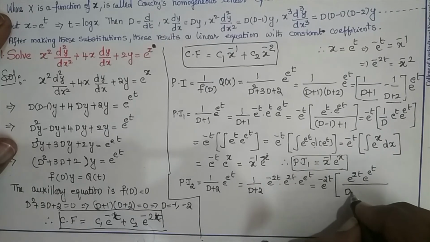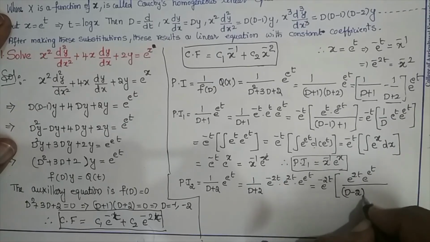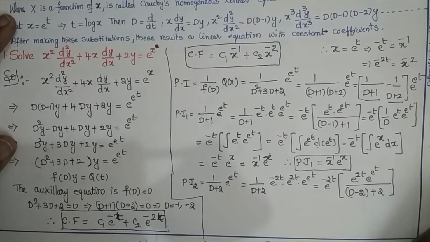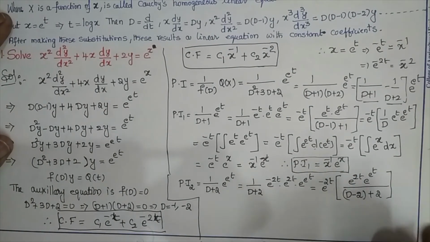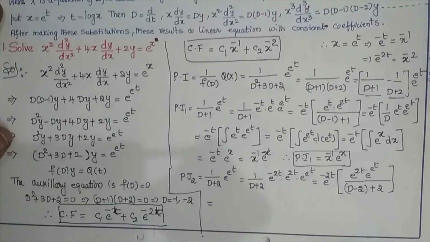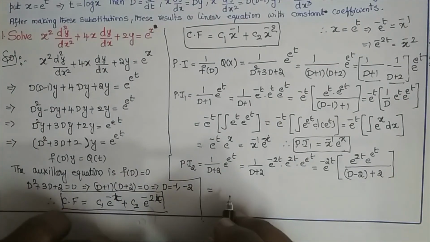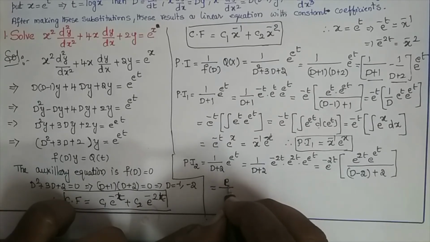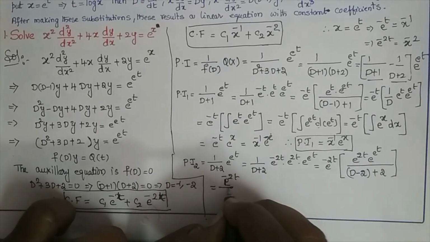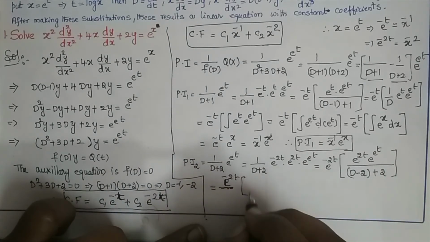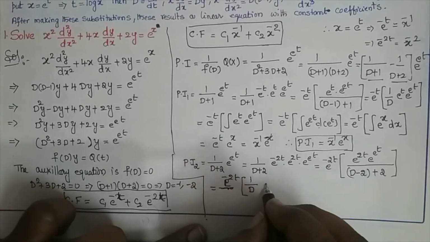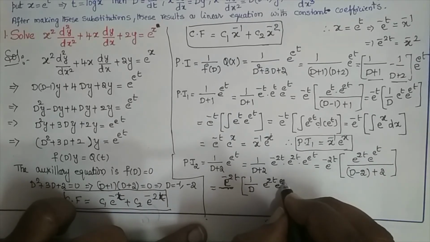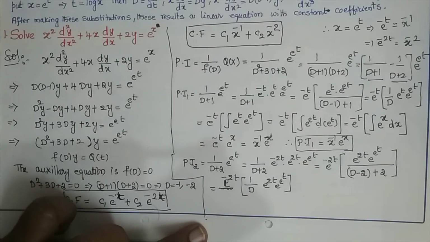D is replaced by D minus 2, plus 2 as it is. D is replaced by D minus 2. Now plus 2 minus 2 gets cancelled. It will become e^(-2t) as it is into 1 by D into e^(2t) e^t.